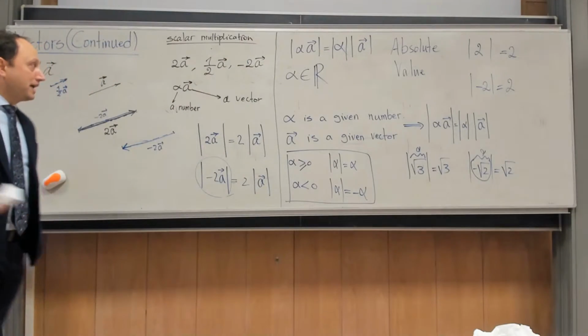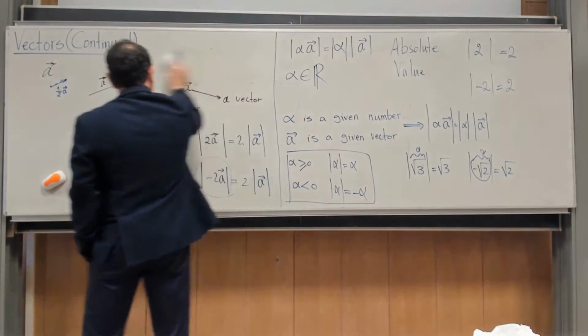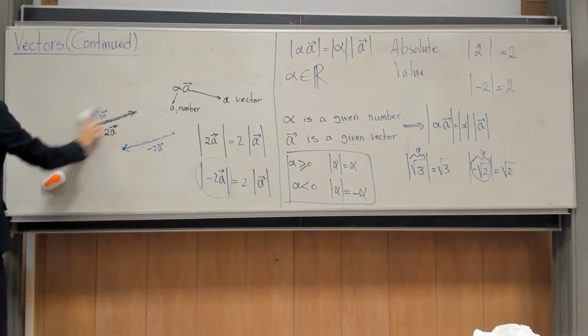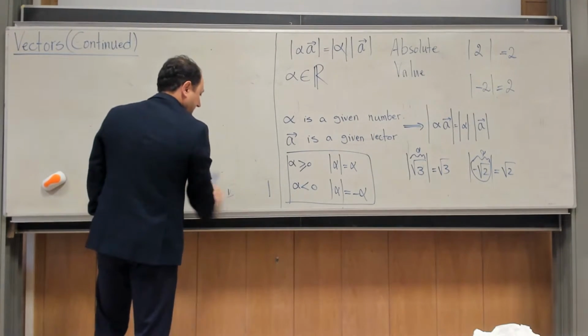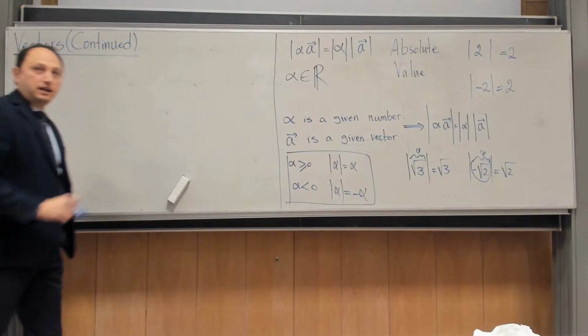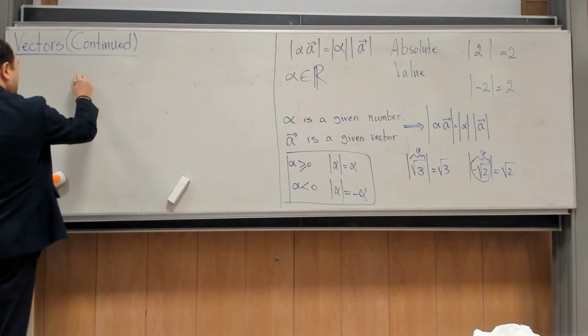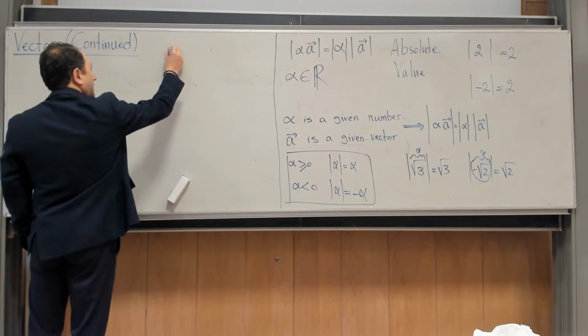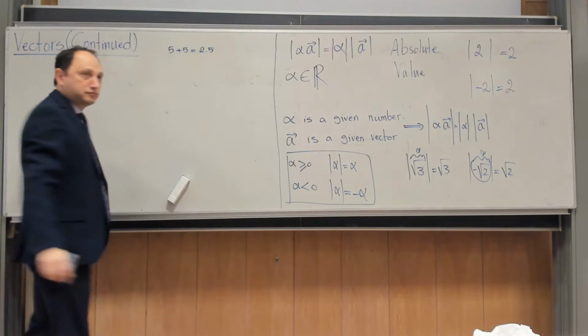Now, let us go back to the important question that Nicholas actually asked. This might be very trivial for you, but it's a very deep question. If I ask you 5 plus 5, you can write it as 2 times 5.